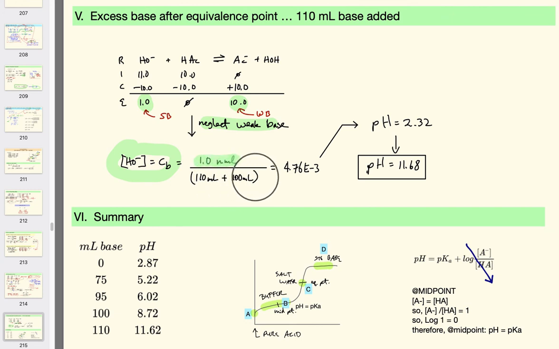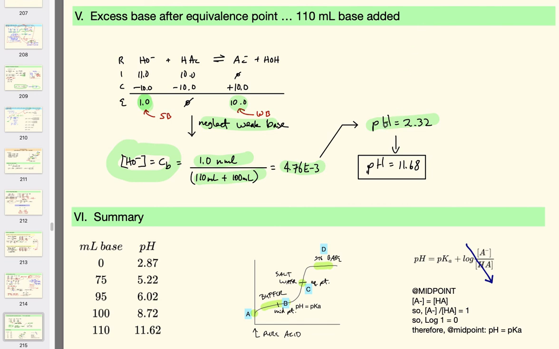Well, we've got 1 millimole of strong base excess, and our total volume is 210. So we get a hydroxide ion concentration of 4.76 times 10 to the minus third. And when you do all of your machinations and convert that, it's 2.32.